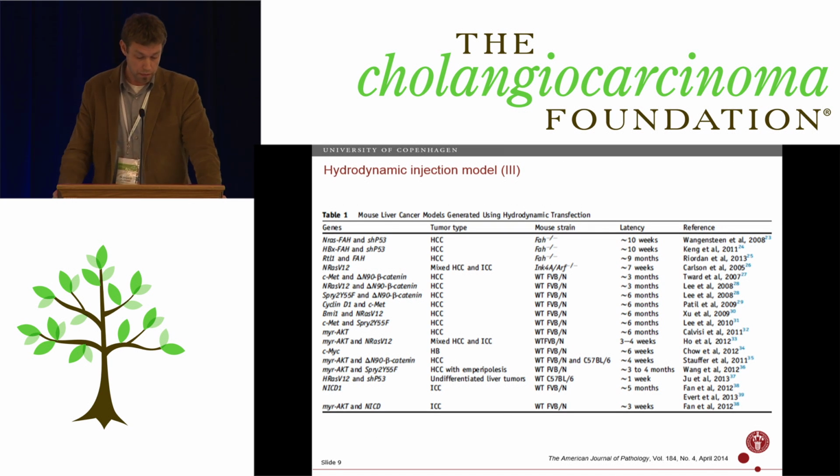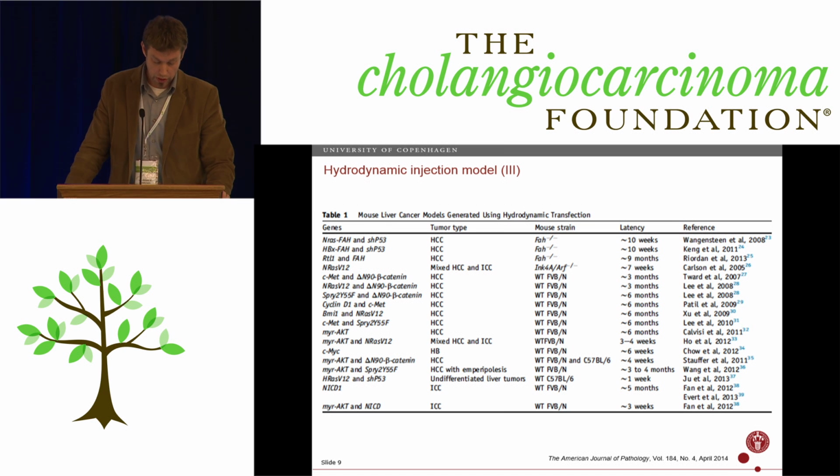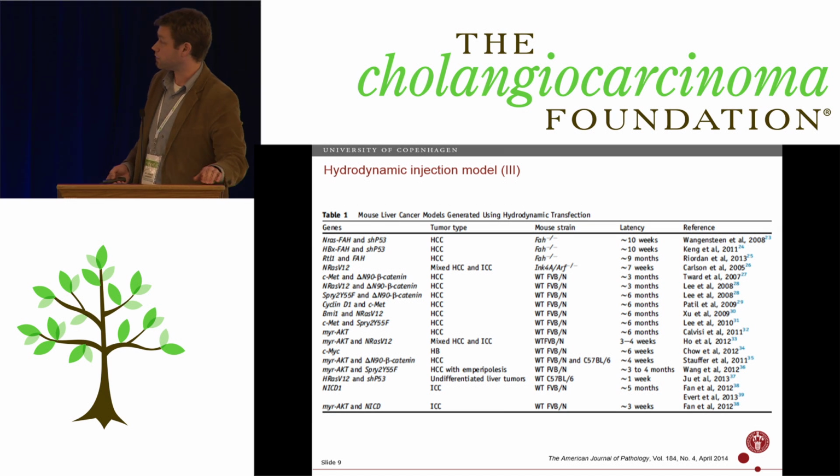So the hydrodynamic injection model has been used quite extensively over the last few years. And here, I'm not even sure this is fully extensive anymore, but published in 2014, at that point, the most extensive list of the various combinations of oncogenes or silencing of tumor suppressors leading to liver tumors using this type of model.